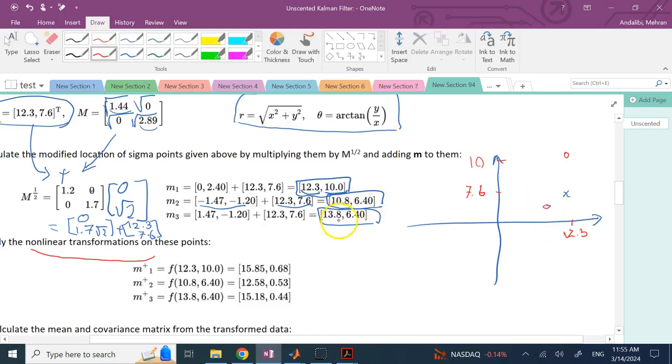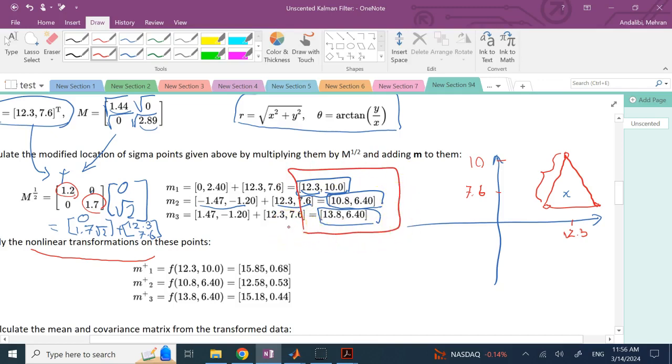And the next one is 13.8 and 6.4, which is here. So you still see that these three sigma points are on the corners of an equilateral triangle that contains your average. And the size of these triangles depends on the square roots of the covariance. So now these are my sigma points.